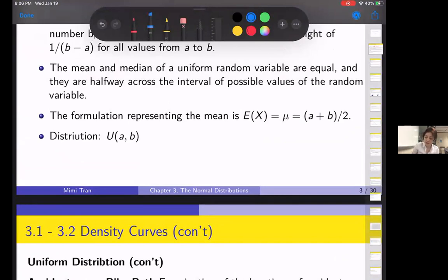E of x is the expected value, and this is the same thing as mu.